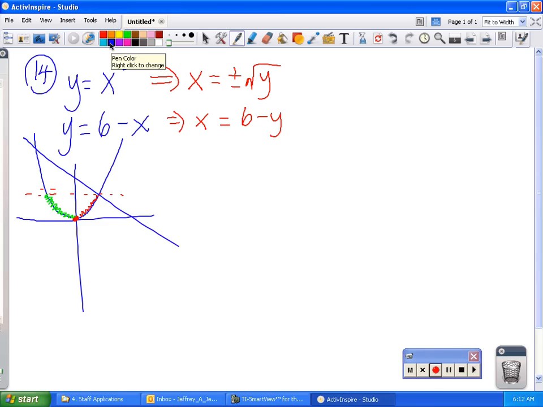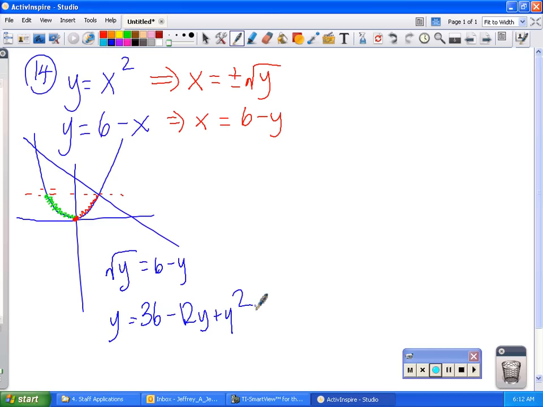So I'm going to set the square root of y equal to 6 minus y. I'm going to square both sides, and I get y equal to 36 minus 12y plus y squared. So that'll give me y squared minus 13y plus 36 equal to 0.